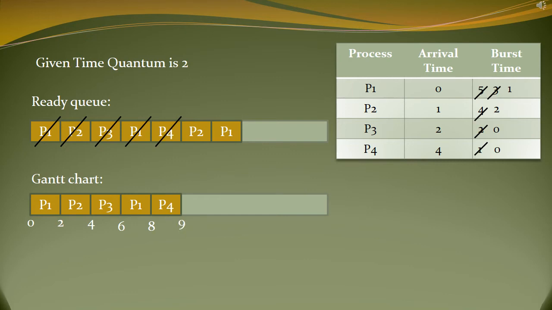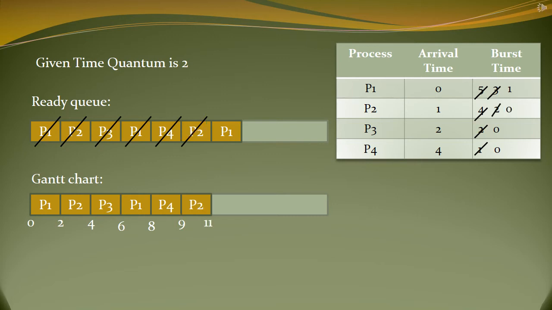And the process P4 is transferred to the running queue and will be executed for the time quantum 2. So the remaining time is completed, that is 2 minus 2 becomes 0 for the process P4.